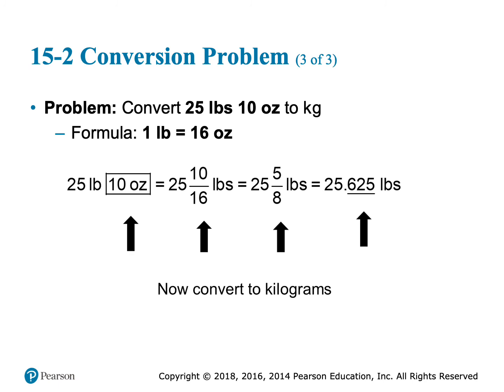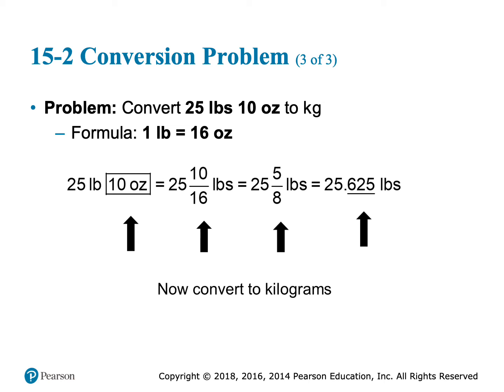Let's look at another example. Let's say we have a patient that is 25 pounds, 10 ounces, and we need to convert that to kilograms. So again, we're going to take the 10 and set that over 16. So 25 pounds, 10 ounces becomes 25 and 10/16 pounds. Remember, we get that because 1 pound equals 16 ounces.